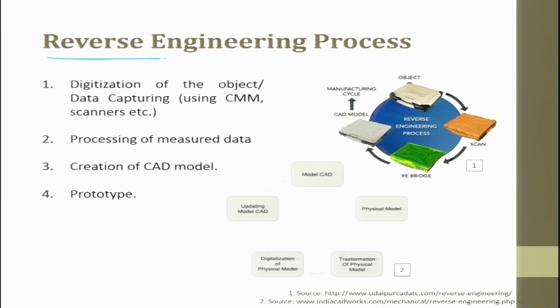So the reverse engineering process is a cycle. You will start, this is the start point, always with an object. Then you will scan it using a camera or a photograph, whatever it is. When we take 2D, we take images from several directions, stitch them together and then form a 3D part.